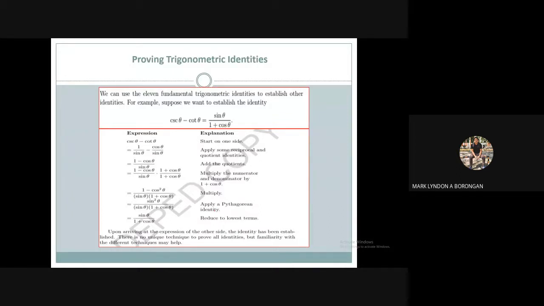So we have an example. We are to prove that cosecant of theta minus cotangent of theta is equal to sine over 1 plus cosine of theta. So we will prove that these two are equal. It goes vice versa.